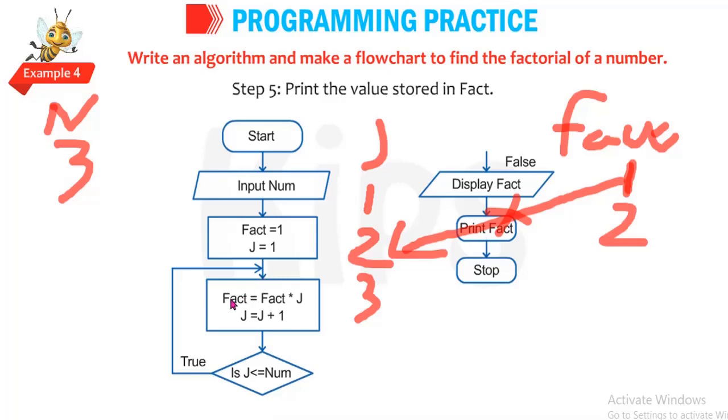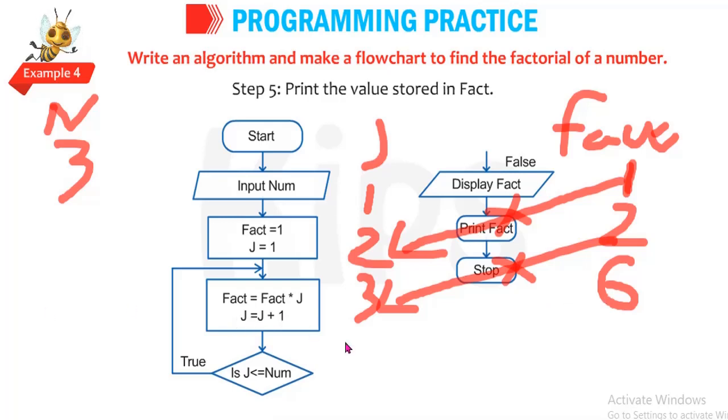Again fact is equal to fact into J. What is the fact? 2. 2 into J, 2 threes are 6. So first 1 was stored in fact, then 2 was stored in the variable fact, and now 6 is stored in the fact variable. You got the 6.